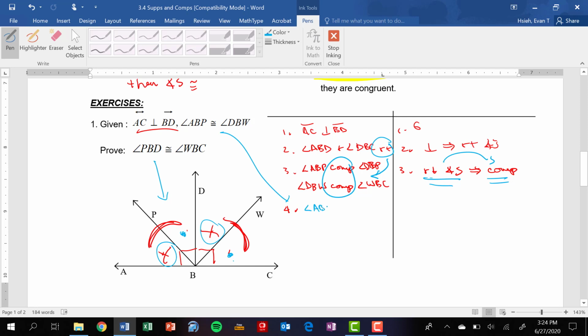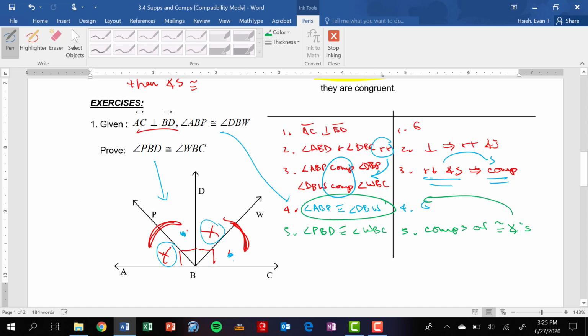Angle ABP is congruent to angle DBW. That's just given. And then in step 5, I can now say that angle PBD is congruent to angle WBC because here's the magic step. Complements of congruent angles, here are my congruent angles, are congruent to each other. And there's my proof using the theorems that we just learned.